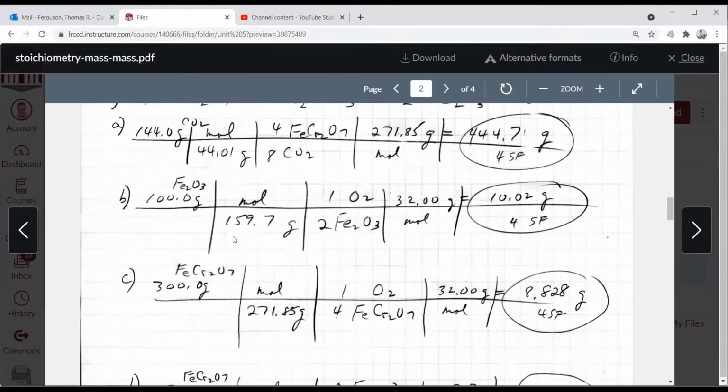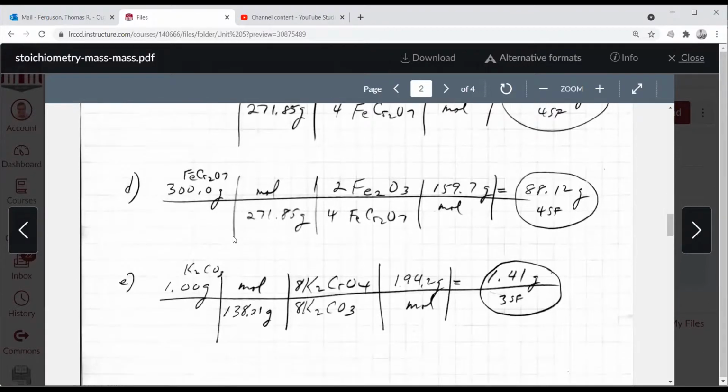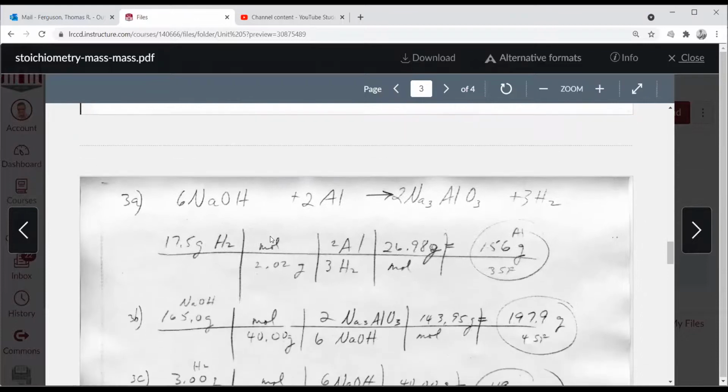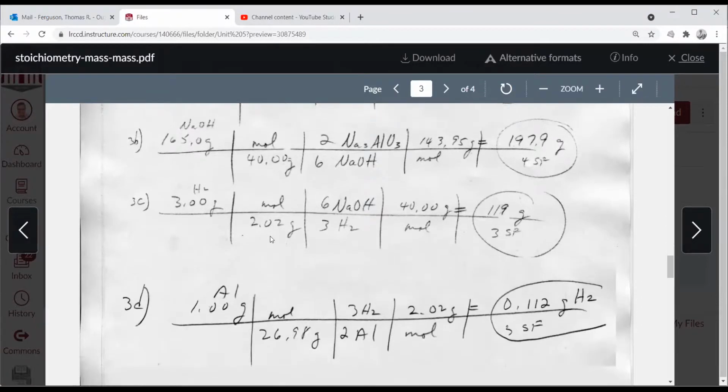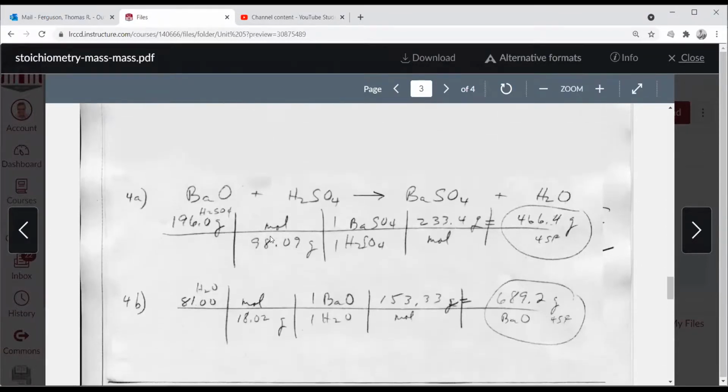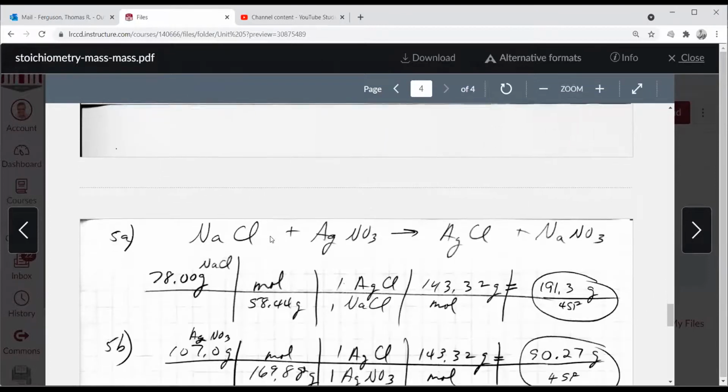Every single one is the same setup. 3 steps. What's given, convert to moles. Mole ratio from the balanced equation, then convert to what you're trying to calculate. Every single one.